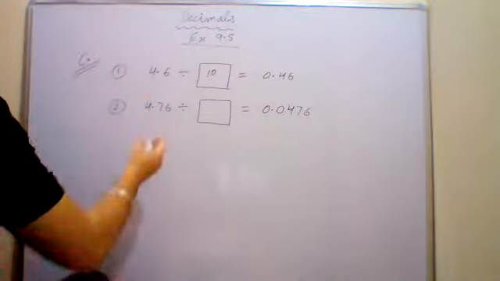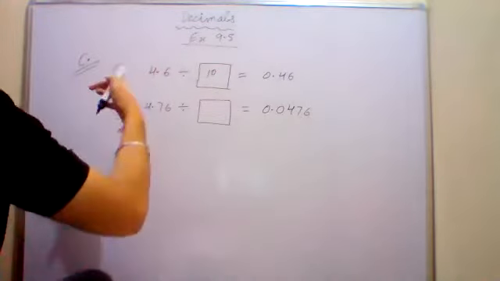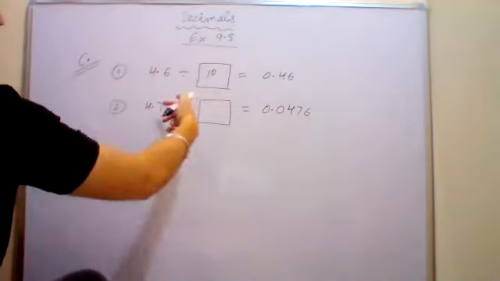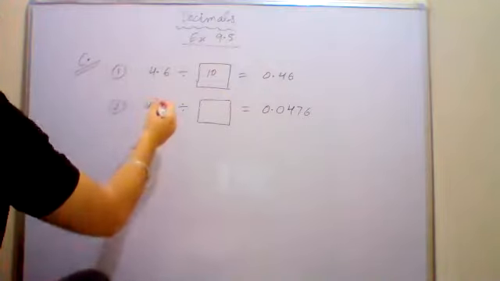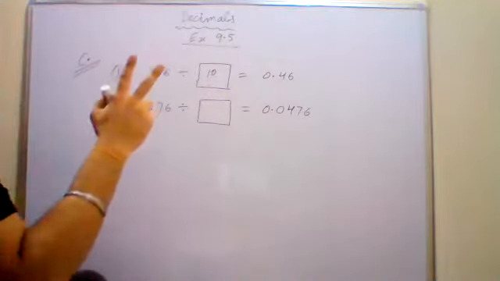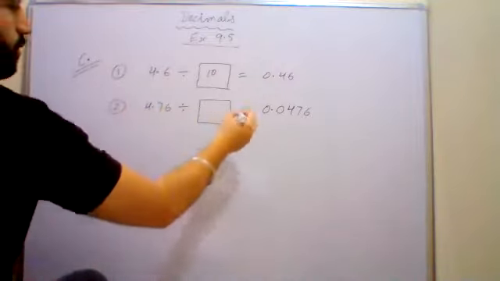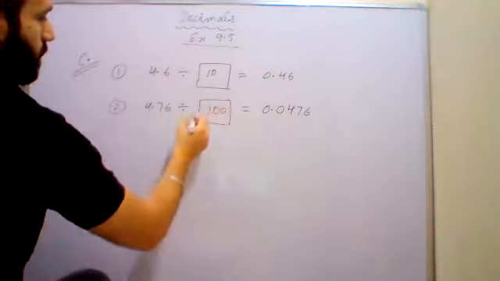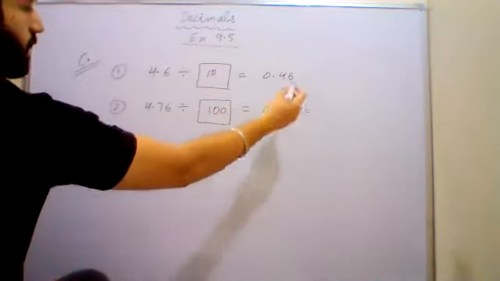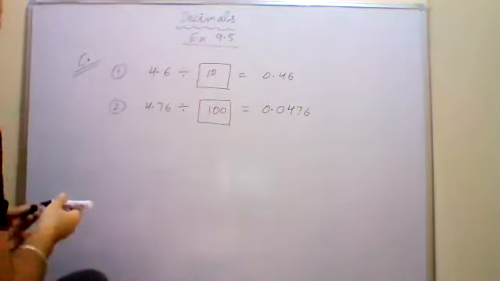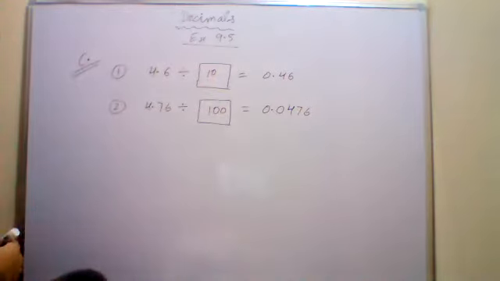So how many places has the decimal moved to the left side? Again, you can see the decimal is moving to the left. How many places? Two places this time. So you will divide the given number by 100 to move the decimal 2 places to the left side. So 100 is the answer.